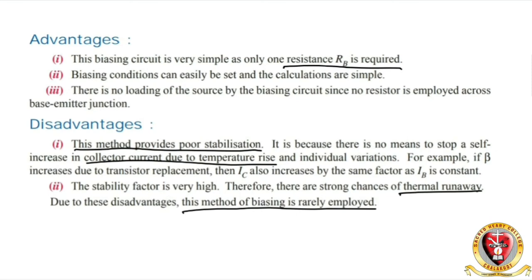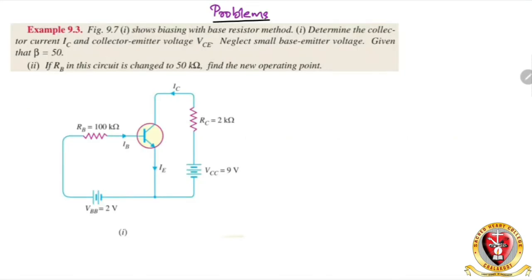Now we are moving to problem session. We are going to discuss some solved problems using base resistor method. So let's see the first question. This is an example problem in Mehta's text. There is a figure shown here which shows biasing with base resistor method.